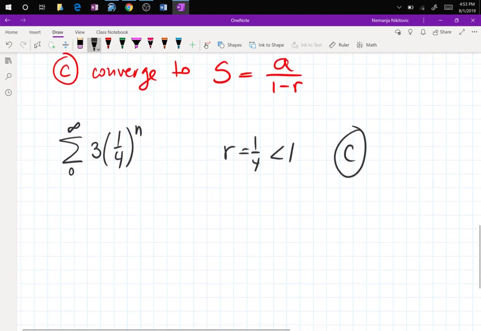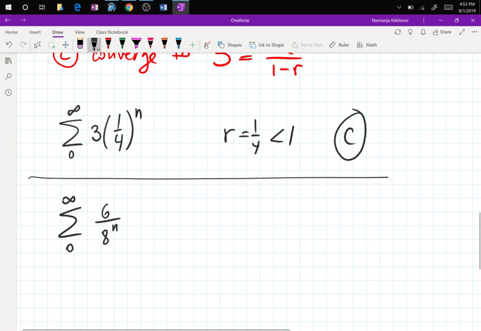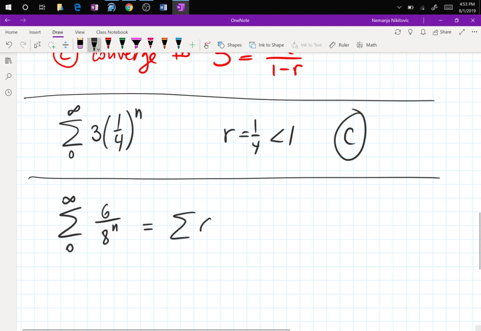Now, since that is so easy, we come up with stuff like this. The summation from 0 to infinity of 6 divided by, I don't know, 8 to the n. Does this converge or diverge? Now this is a matter of how good your algebra is. It converges. You put the 6 on a side, have 1 over 8 to the n.